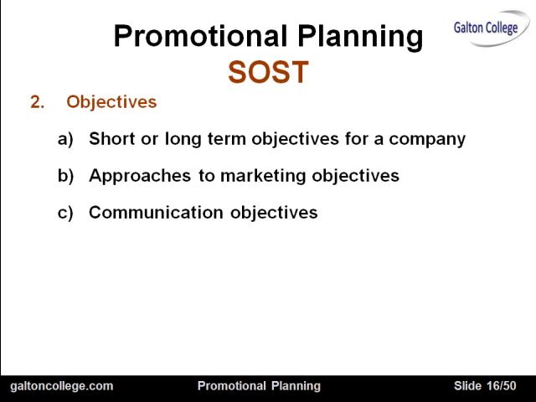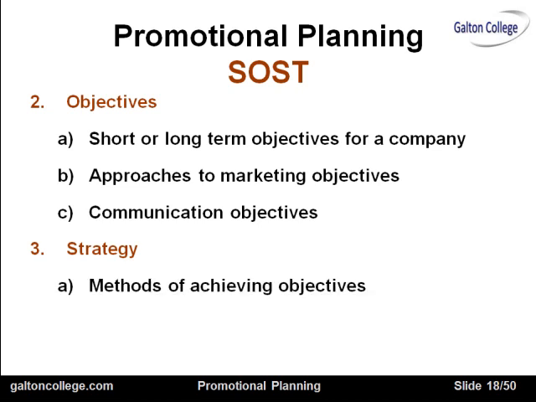Now let's turn to the next S. The next S is strategy. What are the methods of achieving the objectives? Well, right at the start I said that there were 4 possibilities here, the 4 Ps. But it's trying to get an optimal mix of those, trying to get the best mix.